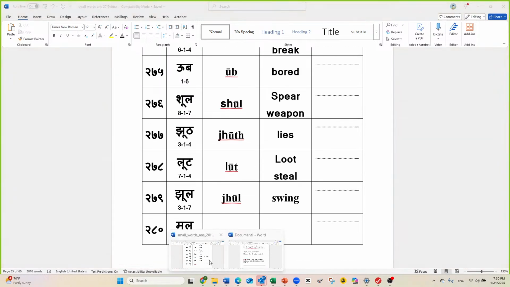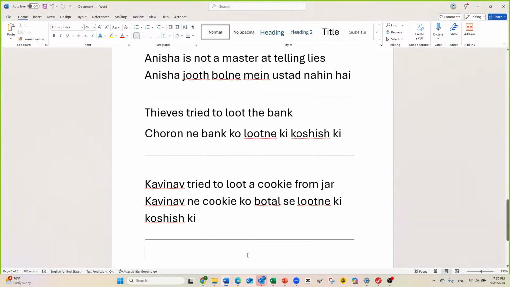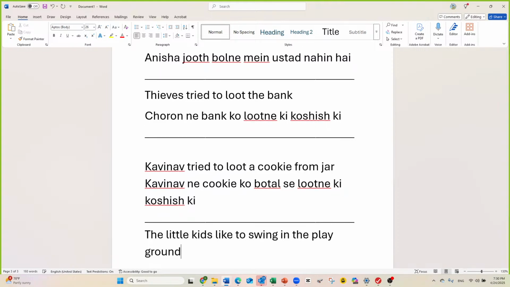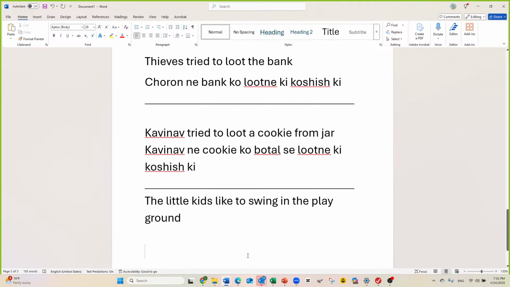The little kids like to swing in the playground. Okay. So the Hindi word for kids is bacche.